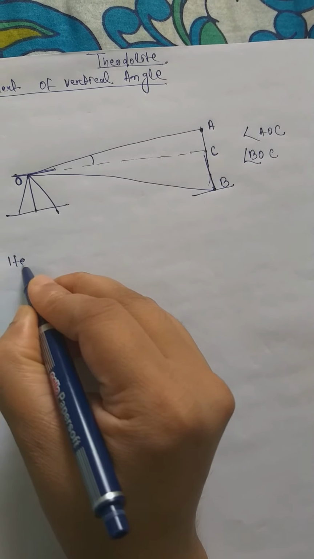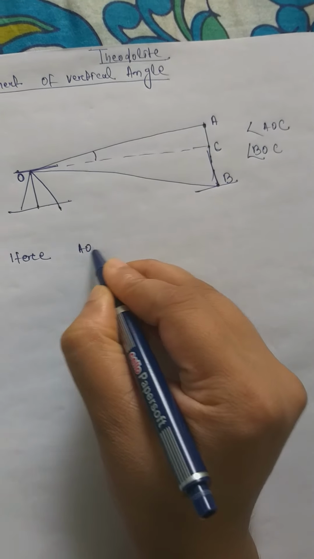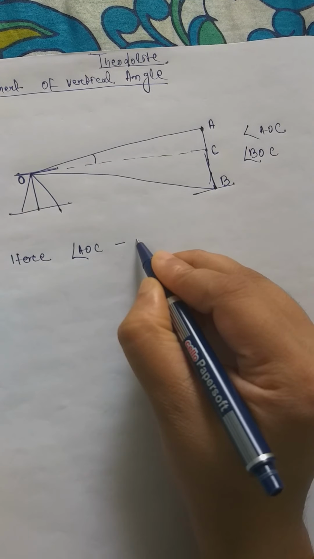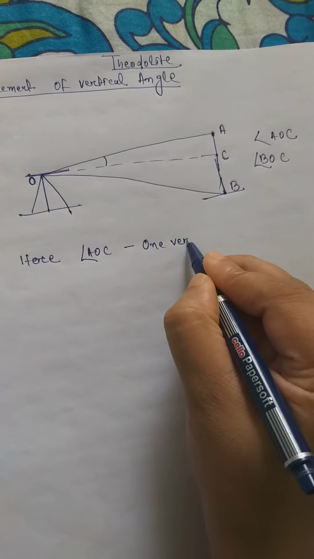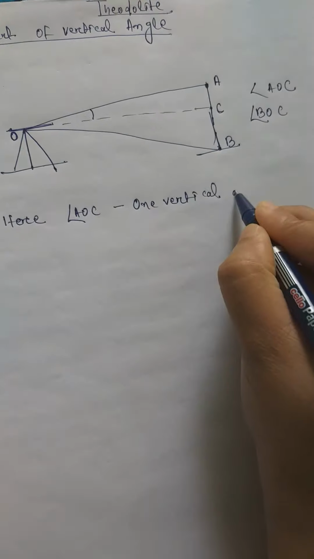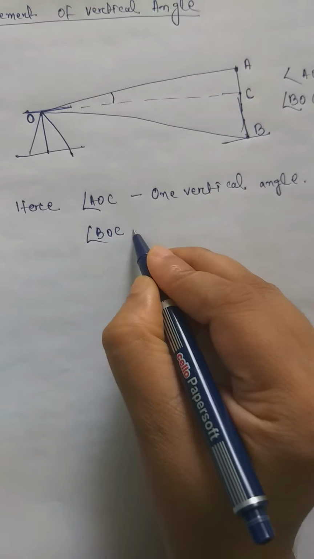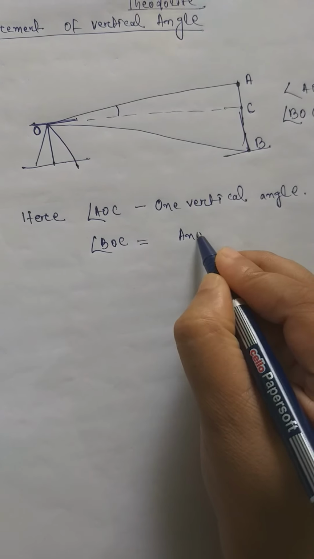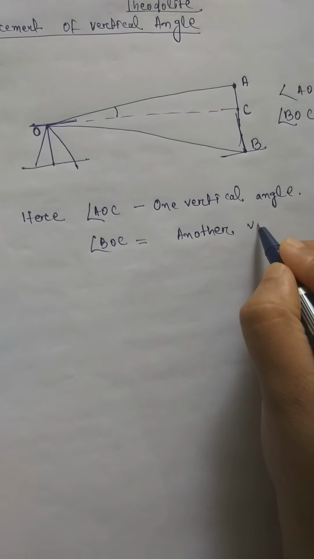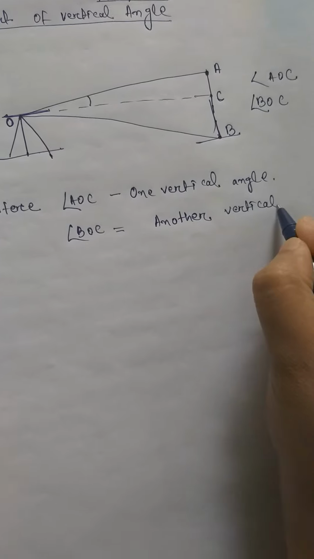So AOC is one vertical angle and BOC is another vertical angle.